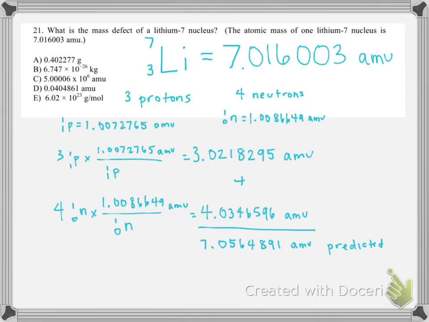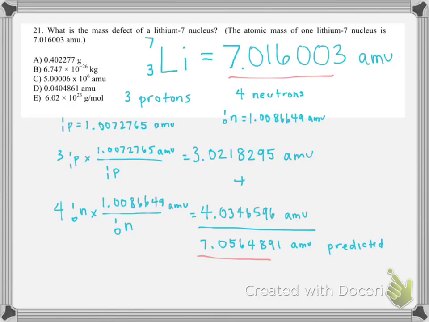Okay, so that's our predicted mass for a lithium-7 nucleus. But I think if you look, you can see that these 2 masses aren't the same. And so we're just going to look for the difference between them.